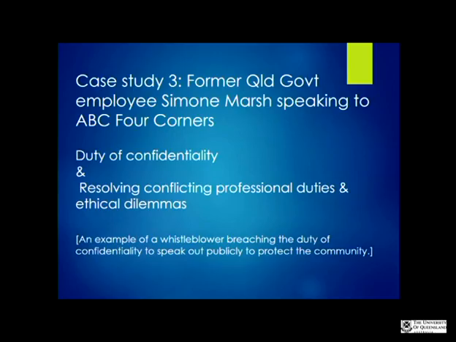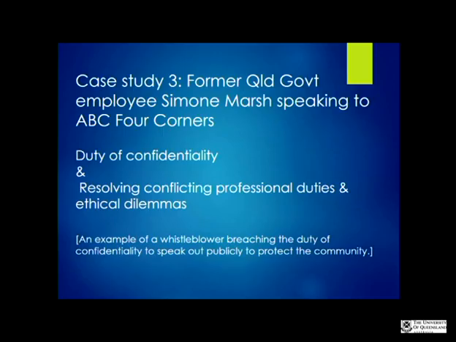And it touches on a few of the duties that we're talking about today, so the duty of confidentiality, and also what happens when you have a conflict between your professional duty, for example, your duty to act in the best interest of the client, or your duty of confidentiality, and then what your own personal ethical viewpoint is.